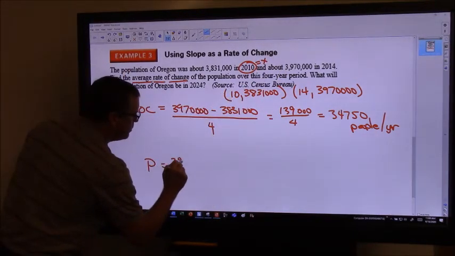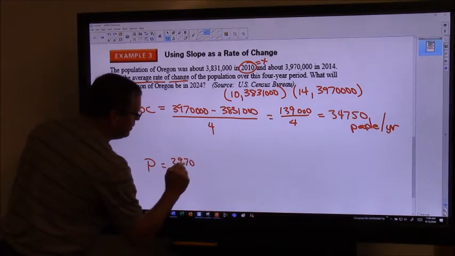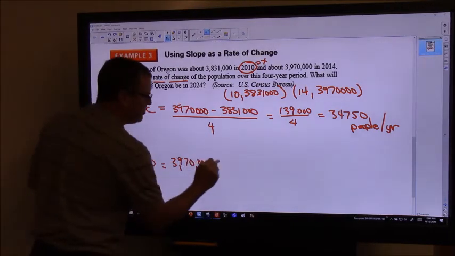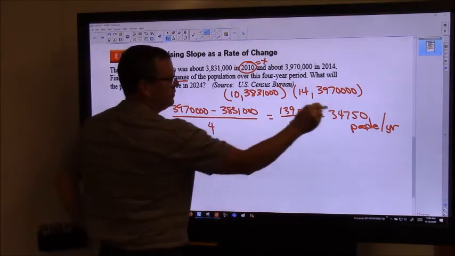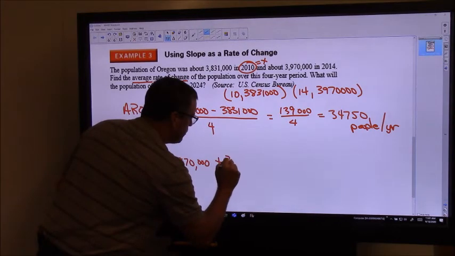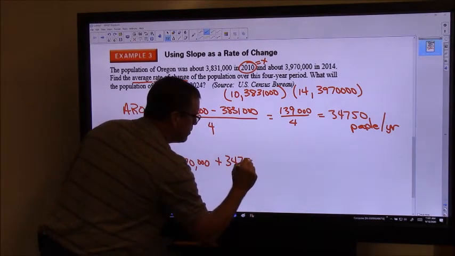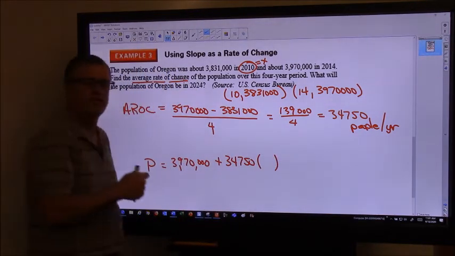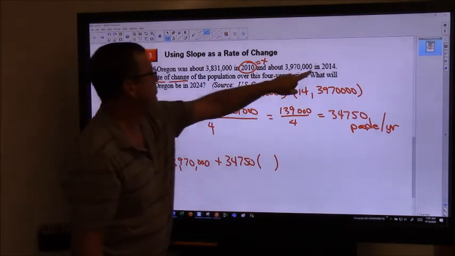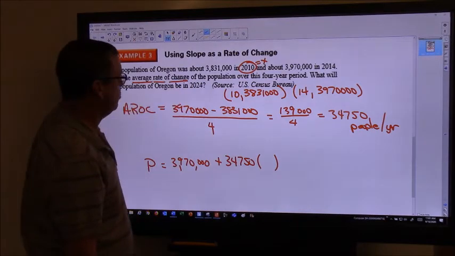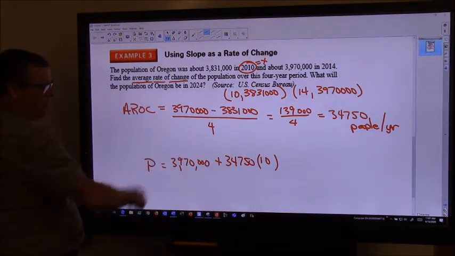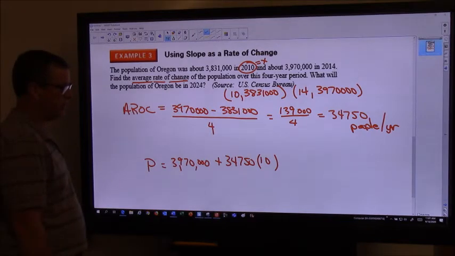Was 3,970,000 plus we're adding 34,750 for a certain number of years. So from 2014 to 2024, that would be 10 years.